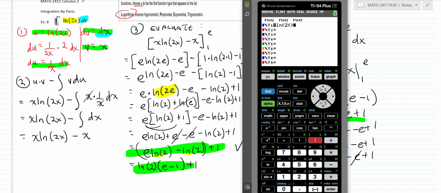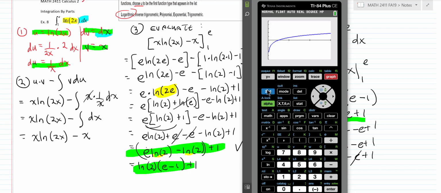Since we're going 1 to e, which is 2.7, I would just say go 0 to 3. It's always a good idea to go a little bit below and a little bit above the limits of integration. And then you can just pick whatever you want for y. Okay. Let's change the window. Let's say maybe -5 to 5 on the y-axis.